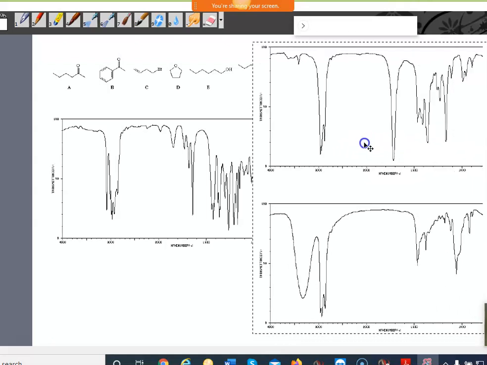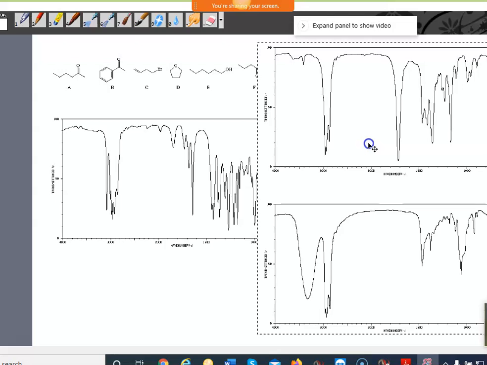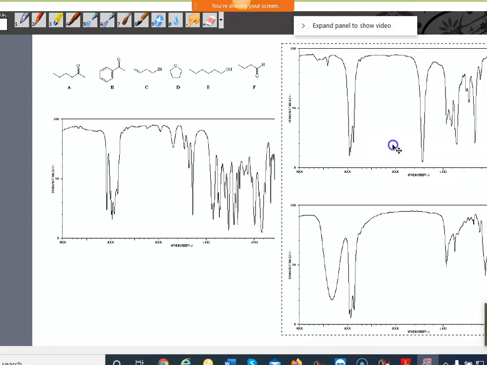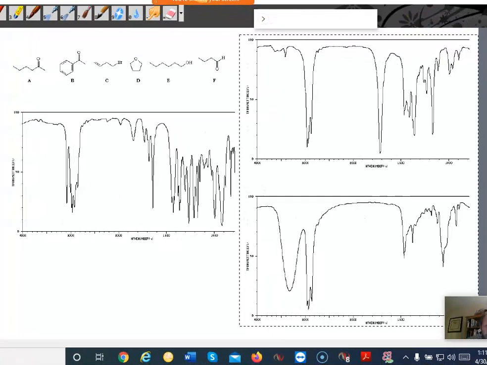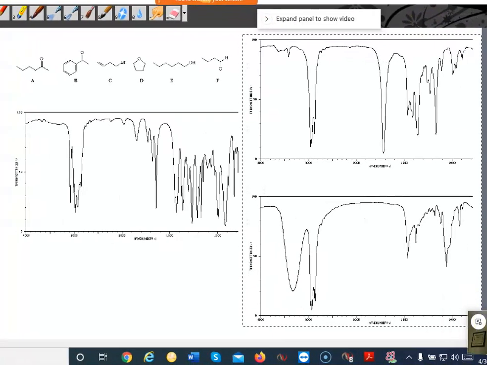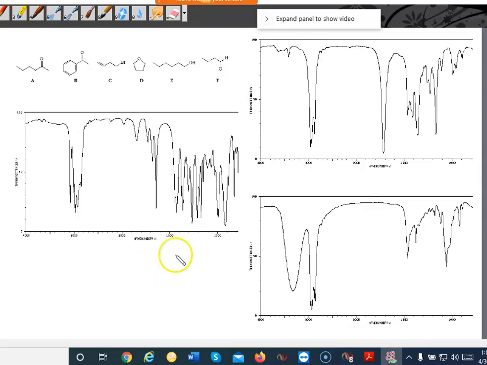Let's see. Can you guys see that? Yeah, you guys can. My camera can't. Okay, so this time I think we have 3 IRs, and it matches one of these. So put the corresponding letter with it.